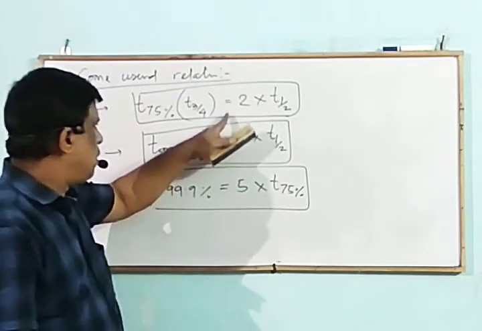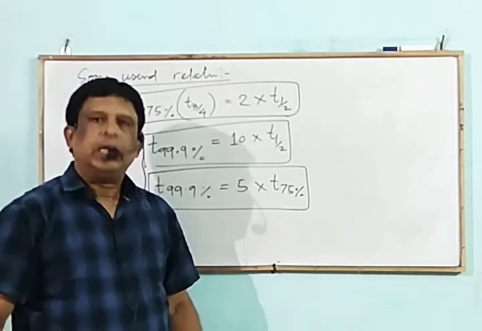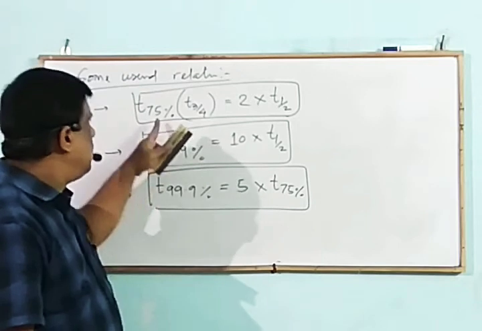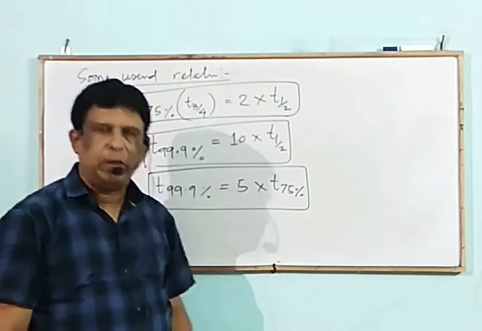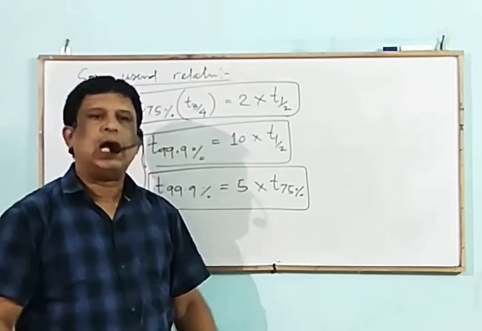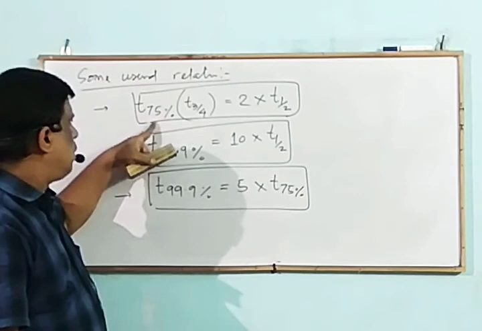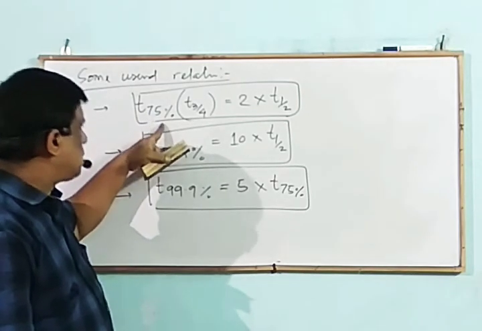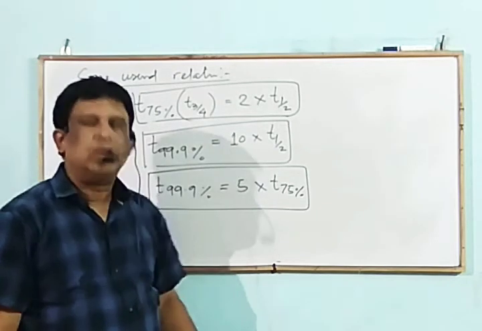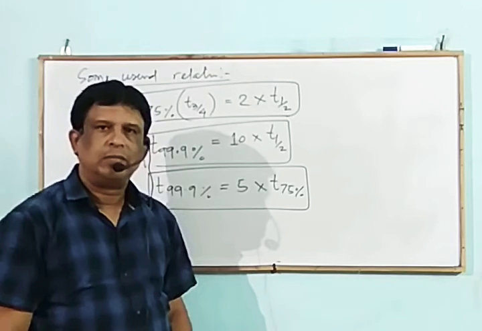Suppose there is one formula and also one question. It may be a direct question: prove that T75 is equal to 2 T half, or in language mode, prove that the time required for the completion of 75% of a first order reaction is nearly double that of the half-life time.